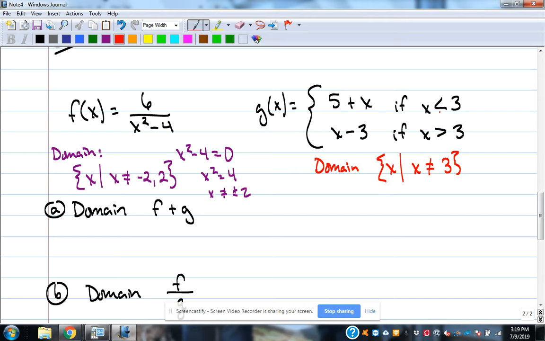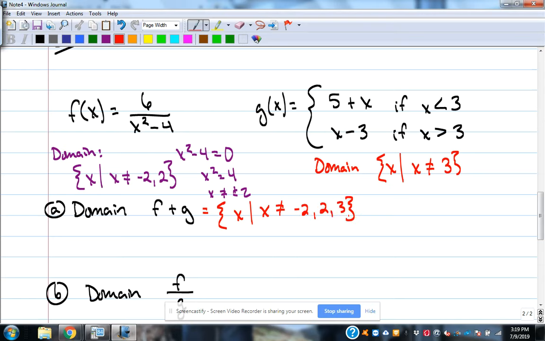Now, the way domain works for the addition operation is it's just the union of those two domains. The domain for f of x can't be +2 or -2, and it also can't be 3 for g of x. So we just mash that together, and the domain would be all x's as long as x does not equal -2, +2, or 3.